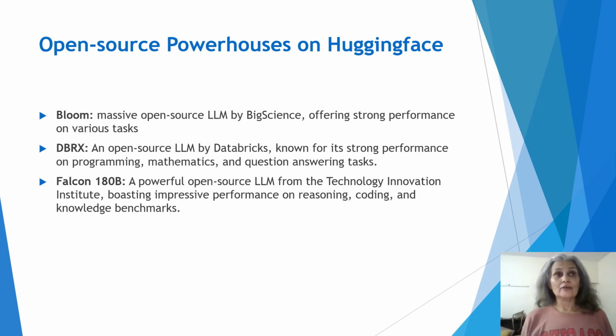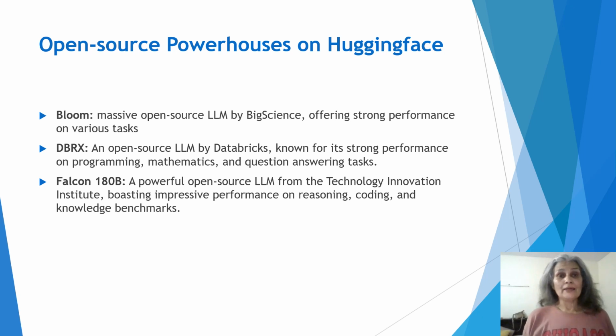DBRX. This is the most recent open source model. This is an open source model by Databricks, and it has just recently been open sourced and is available on Hugging Face. It's known for its performance on maths and Q&A tasks.